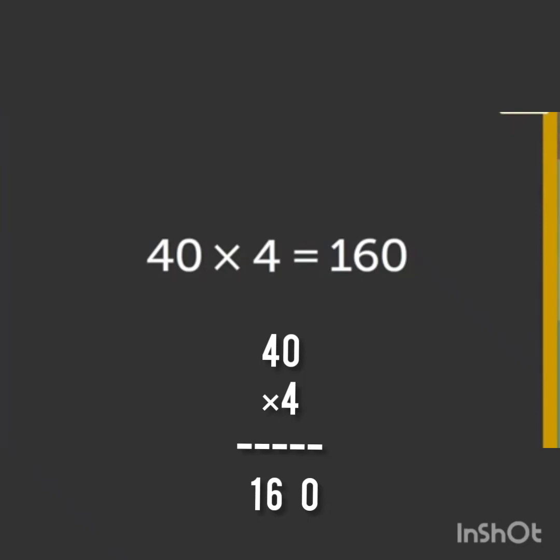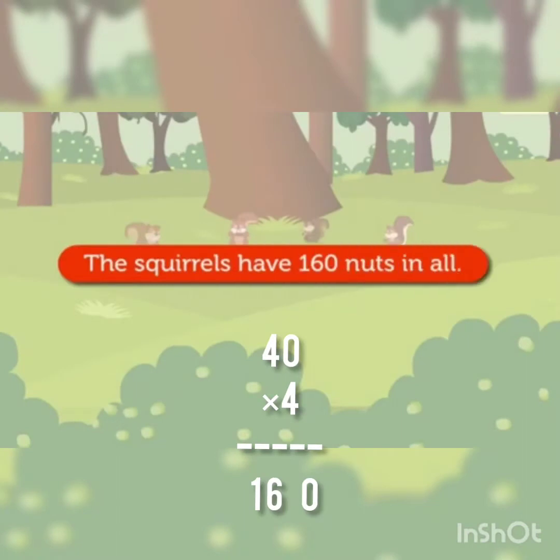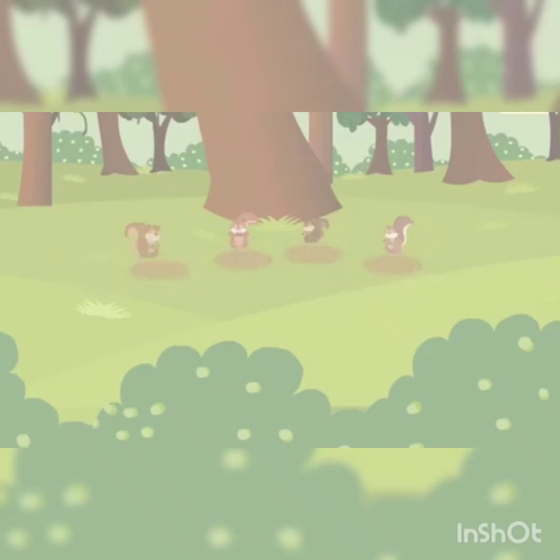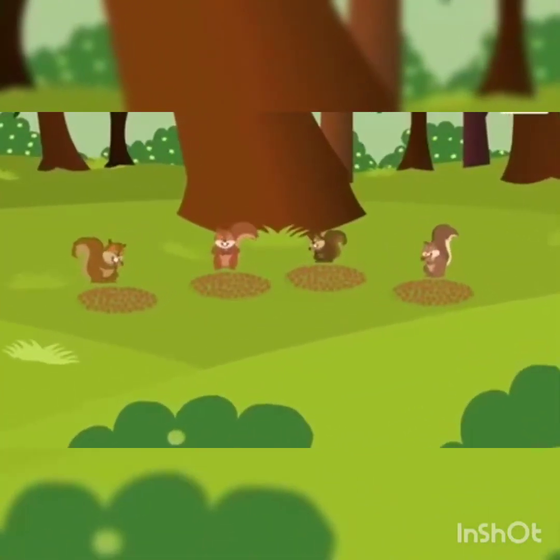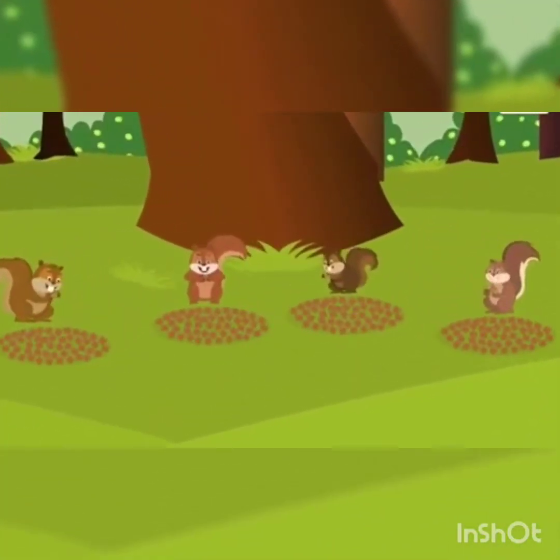Here at the ones place the digits are 0 and 4. When we multiply a number by 0, we get the product 0. Then 4 times 4 is equal to 16. Now we got the answer 160. So the squirrels have 160 nuts in all.